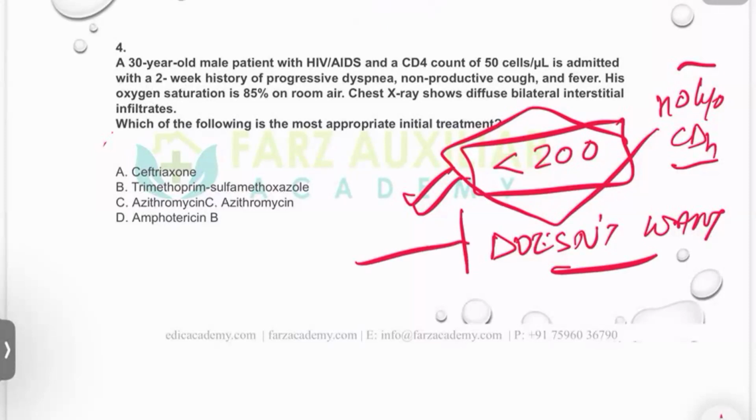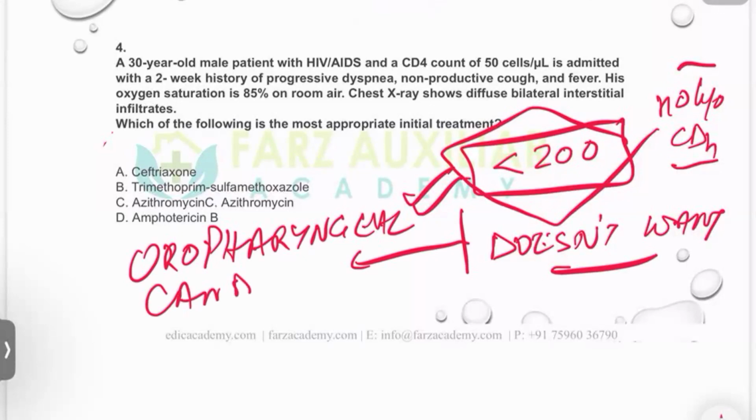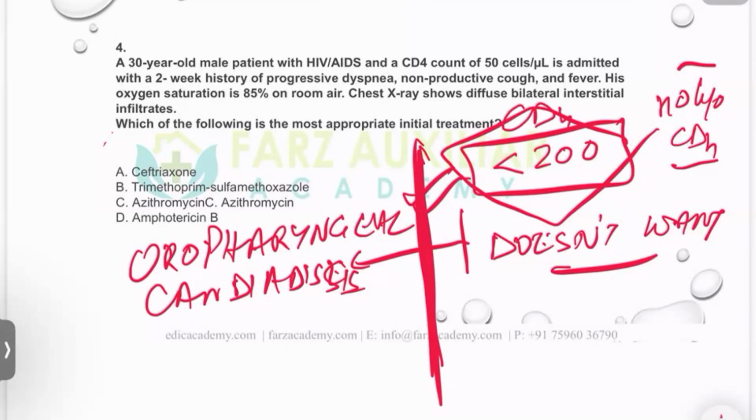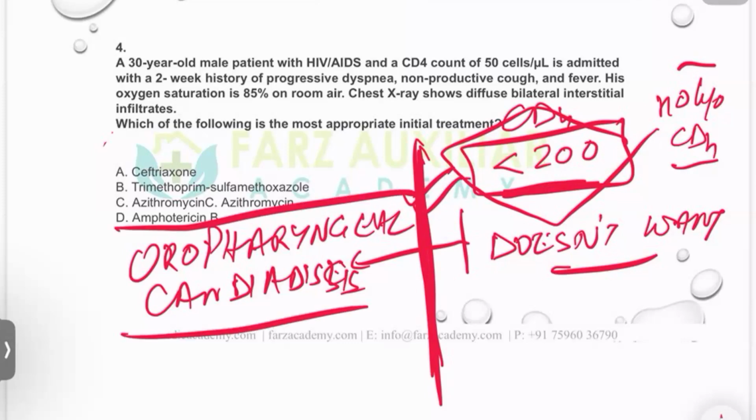Very good. So you look for oropharyngeal candidiasis. So you start the prophylaxis if the patient has CD4 count less than 200 or presence of oropharyngeal candidiasis.